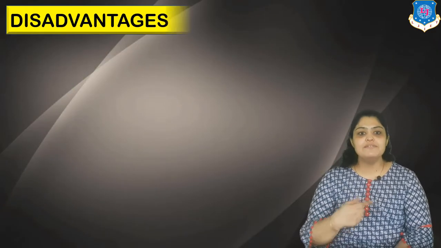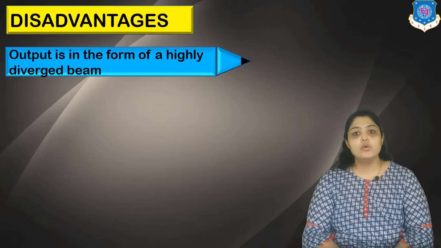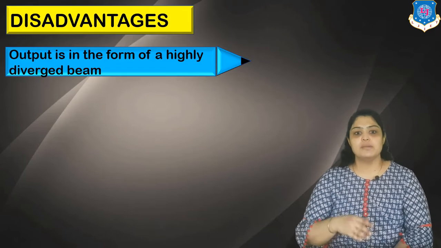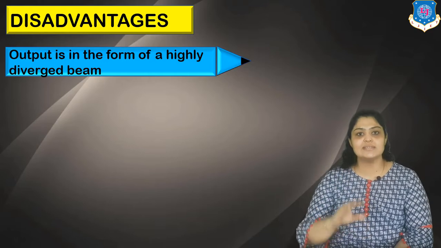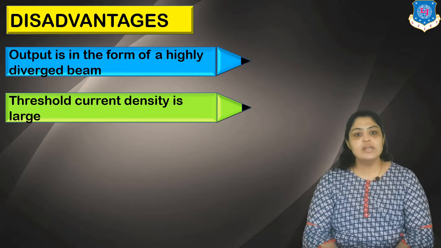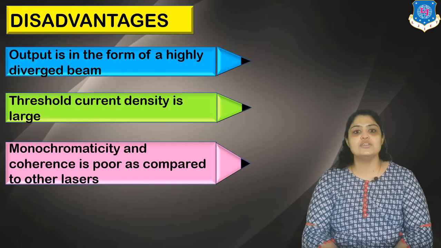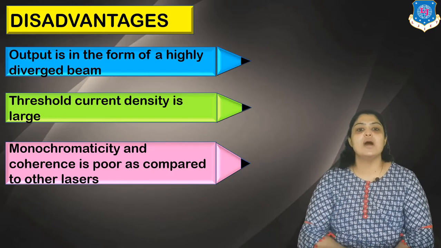Moving on to some disadvantages of the semiconductor laser diode. Output is in the form of a highly diverged beam. Compared to the other forms of laser, it is less converged. Threshold current density is also very large, and monochromaticity and coherence are poor as compared to other lasers.